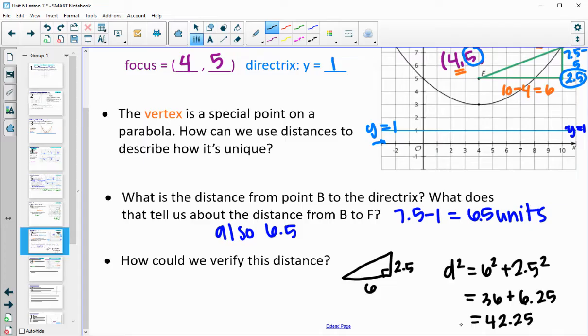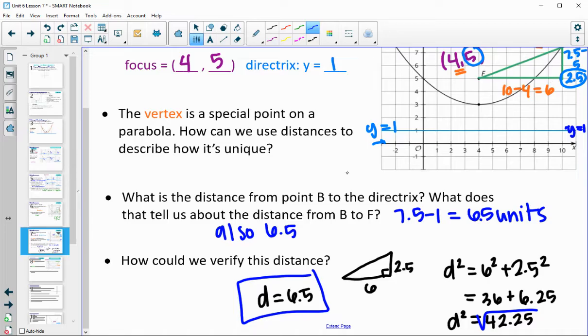So we get 42.25, and then square root that, and you get 6.5 when you do the square root of 42.25. So we do get that the distance is the same as what we got for the focus to the directrix.